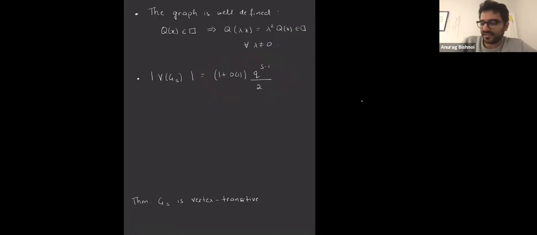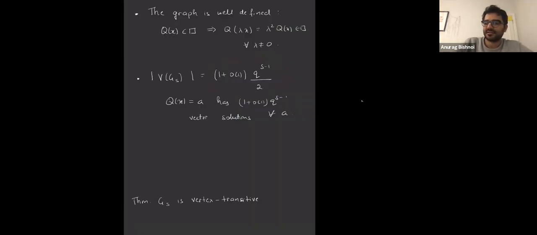You can show this by proving that q(x) equal to a has 1 plus little o of 1 times q to the s minus 1 vector solutions, for all a.